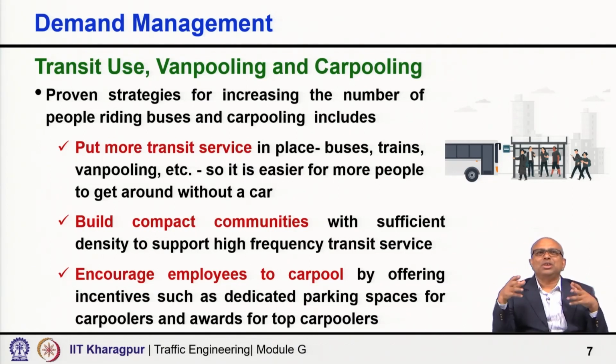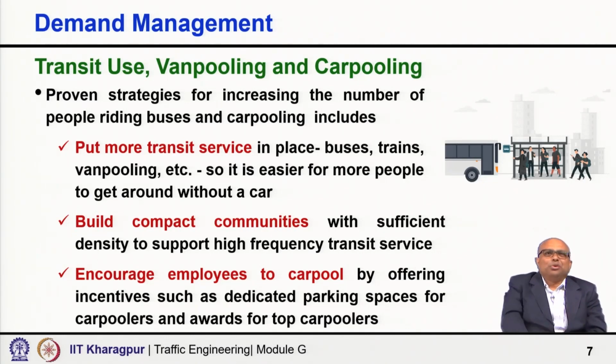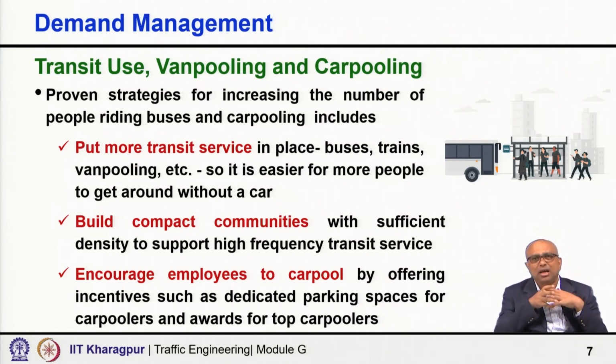Higher frequency of transit is really possible when you build compact communities, with a higher concentration and density of people living in the areas. So when you run services, there are more takers for the transit.